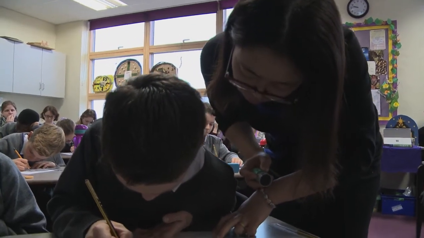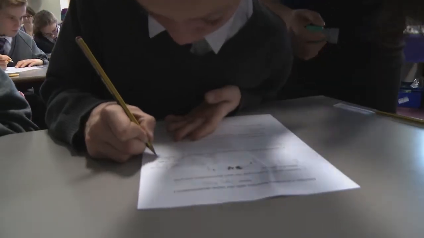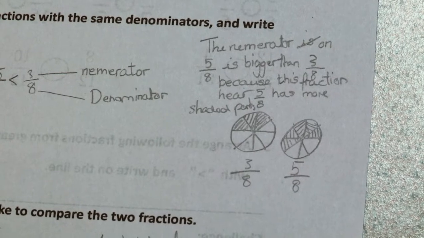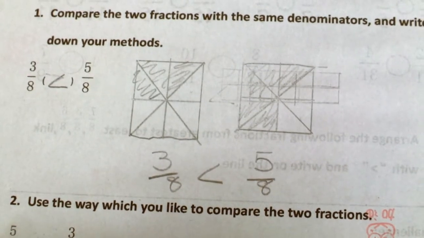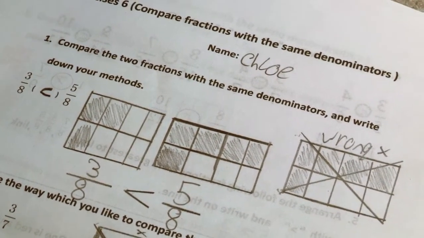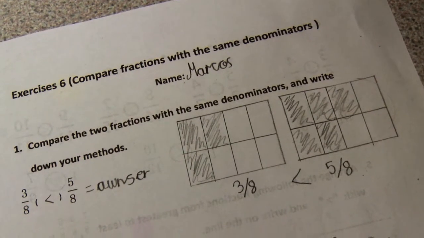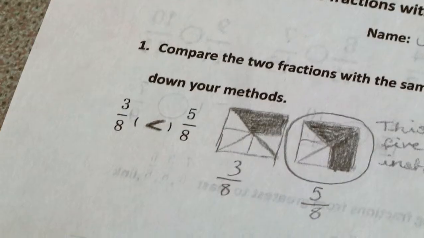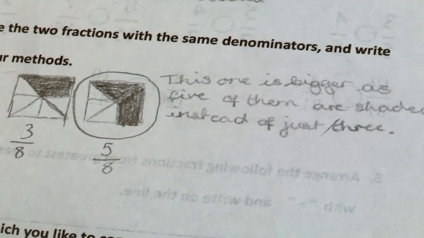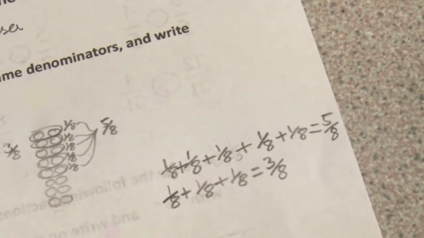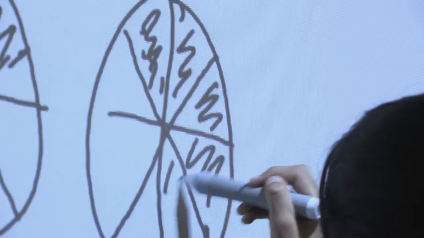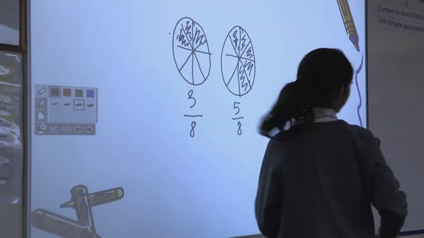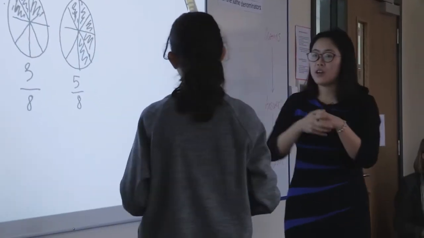Three is less. The same. 1, 2, 3. Okay, can you explain to us?